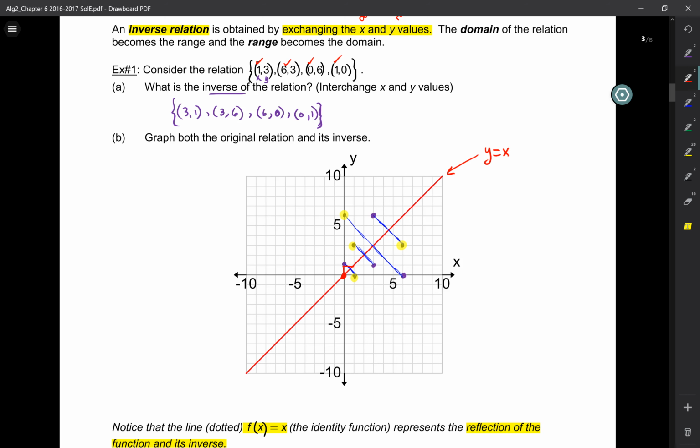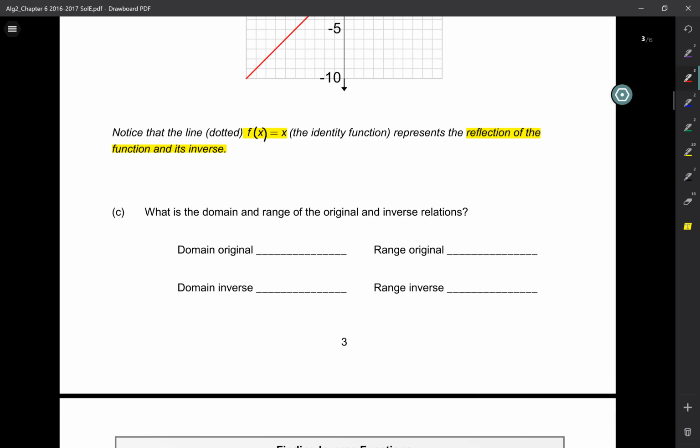I don't write the repeats, so it's just a 0, a 1, and a 6. So my domain is 0, 1, 6. Now, what about the range then? What do I have? A 3, a 6, and a 0. So 0, 3, 6.